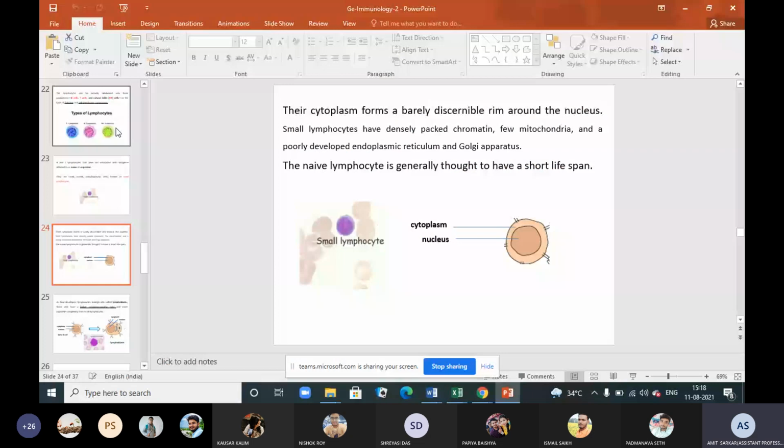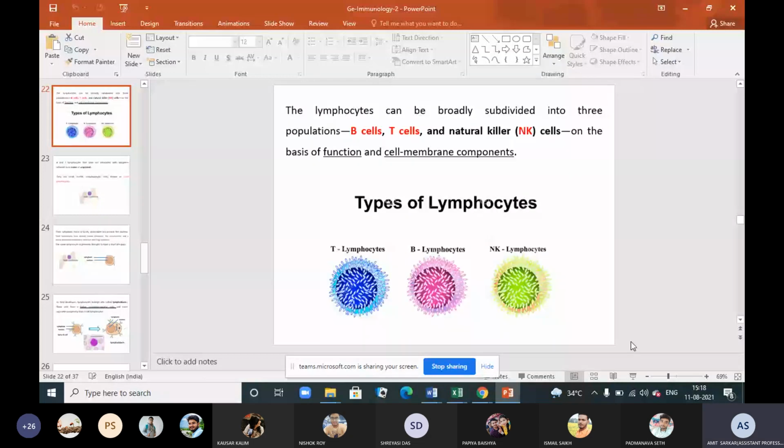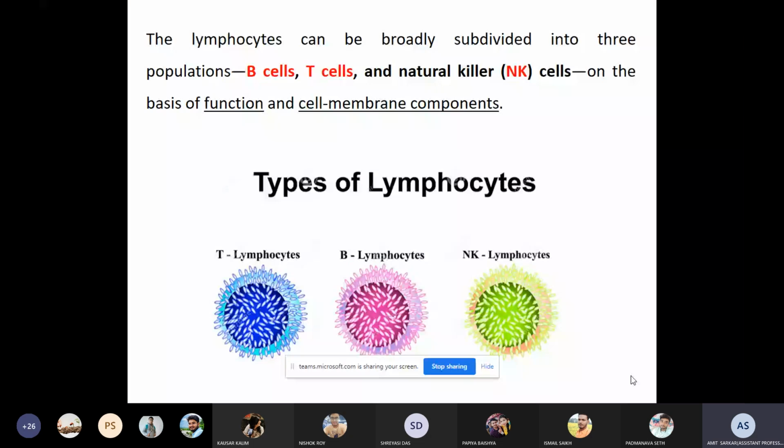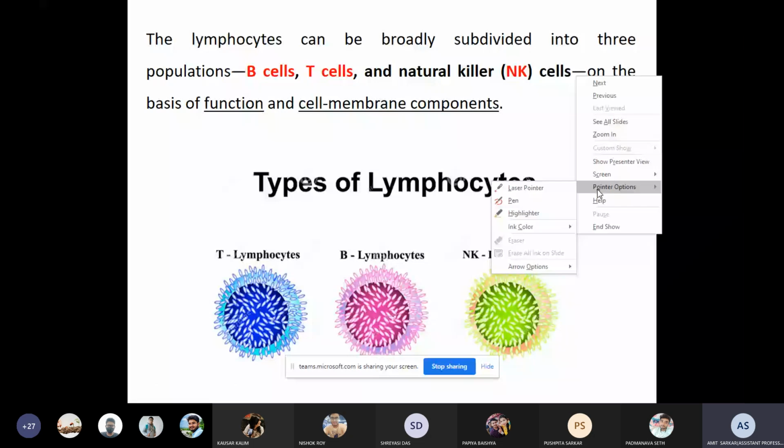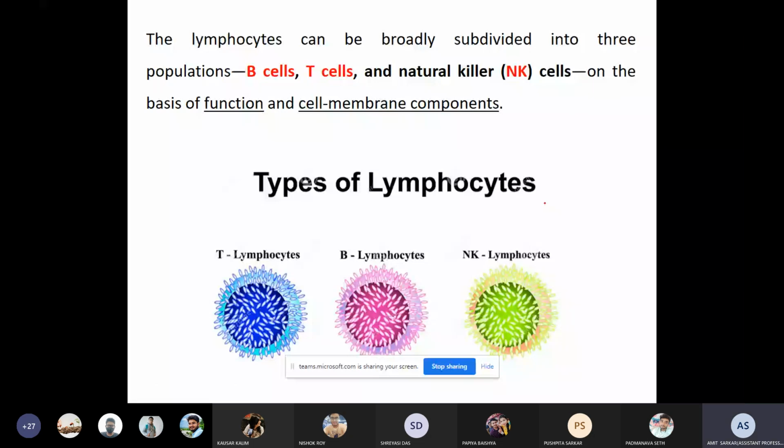Okay, so we are on this slide. We're asking how we distinguish these lymphocytes based on function. That means B cell, T cell, and natural killer cell have different functions. And another one is their cell membrane component. We already know from our school level knowledge that cell membranes are very much a living component, with a basic structure of protein and lipid bilayers.